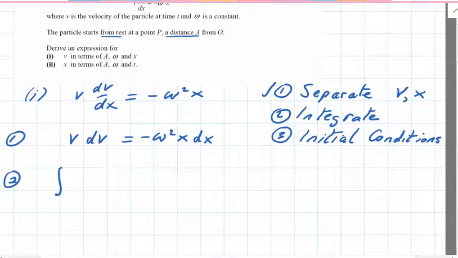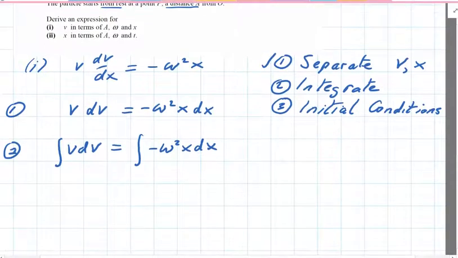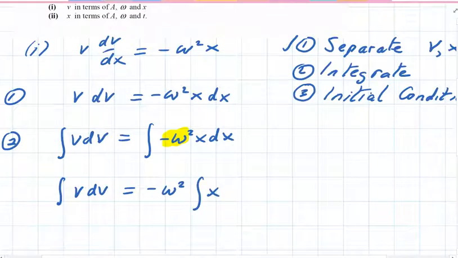So the integral of v dv is the integral of minus omega squared x dx. Omega squared is a constant, and any constant can go outside the integral sign. It doesn't affect the integration process. So we can rewrite it as the integral of v dv equals minus omega squared times the integral of x dx.